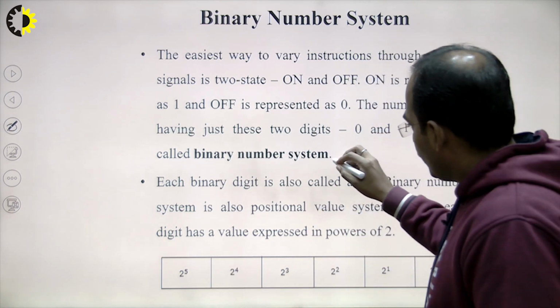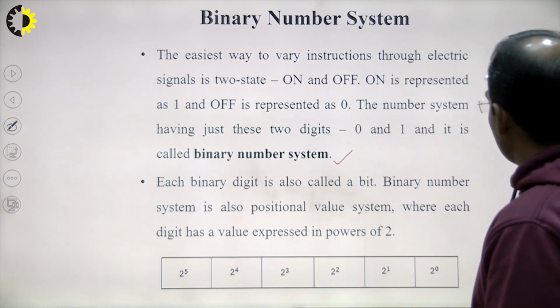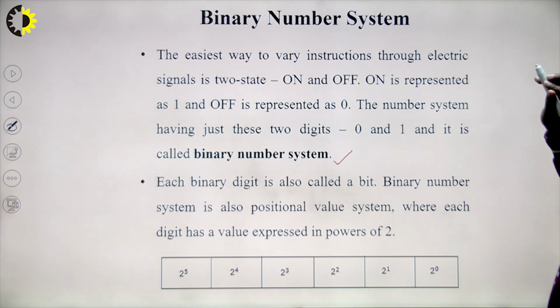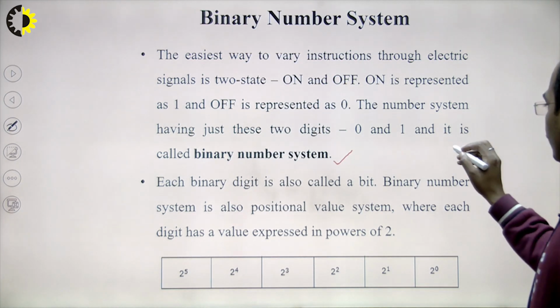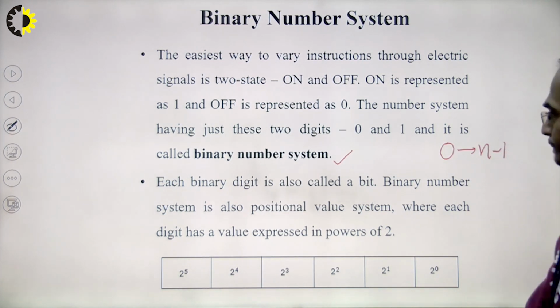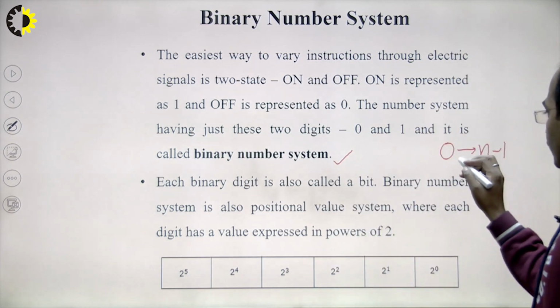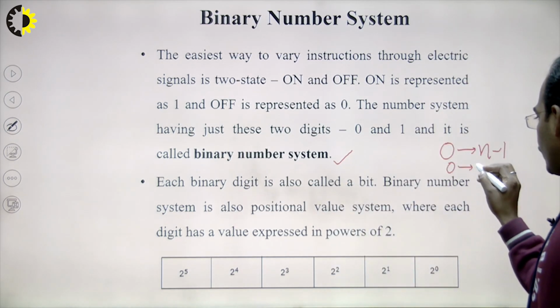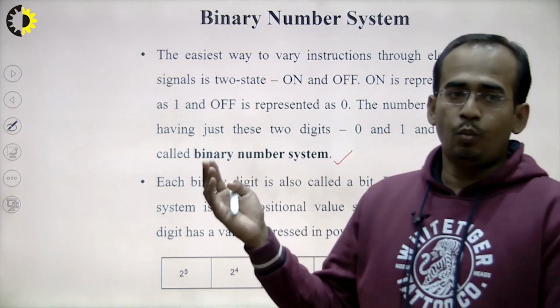As I told you, if I am using the base n number system, then the digits will vary from 0 to n minus 1. So, in base 2, the digits will be only 0 and 1.